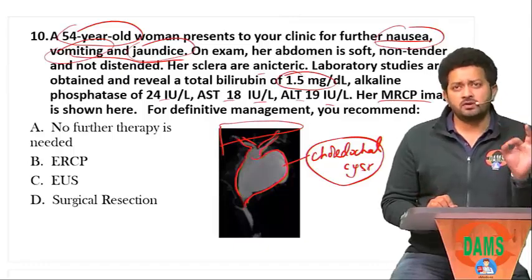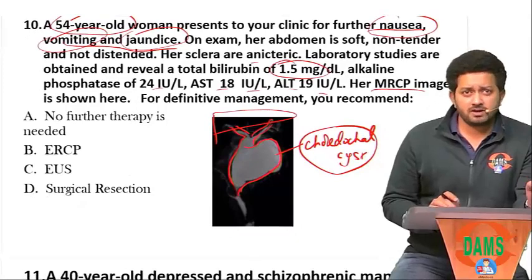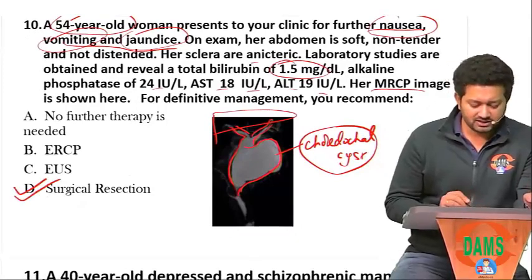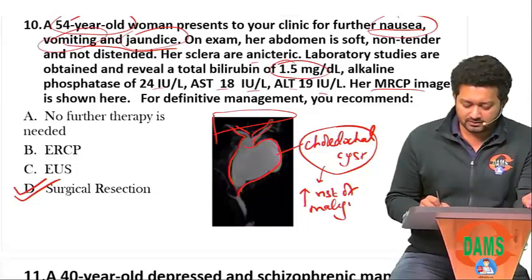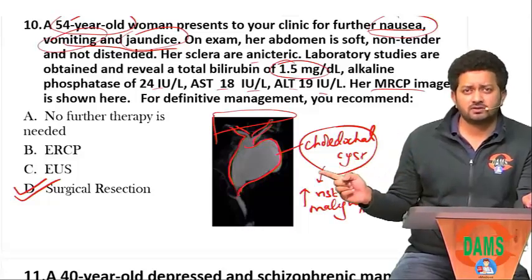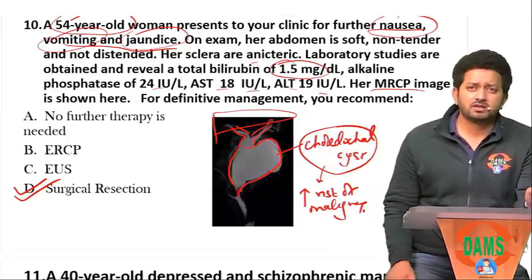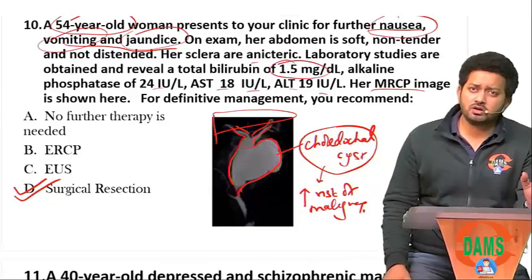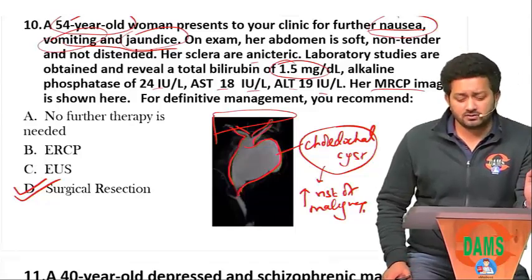Even if choledochal cyst is not causing any problem, still the recommendation is to go for surgical resection, because in choledochal cyst there is increased risk of malignancy. Increased risk of malignancy of the bile duct as well as of the gallbladder, and sometimes it can cause increased risk in the duodenum also. So the choledochal cyst is most of the time resected if the diagnosis is made.